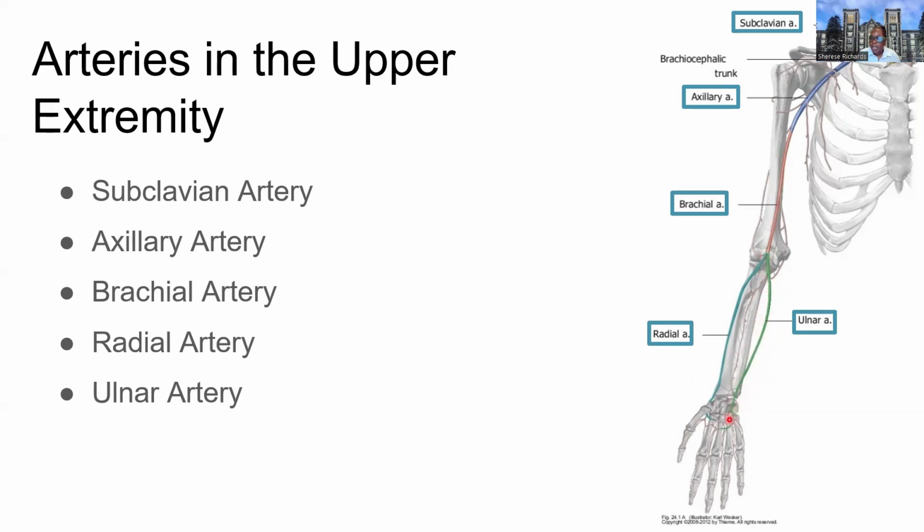So really important to think about how it bifurcates or divides into two, and it's going to travel along the corresponding side of the forearm. Okay, so in that way, it becomes really easy to follow this one vessel from subclavian to axillary to brachial at the elbow, dividing into radial and ulnar correspondingly.